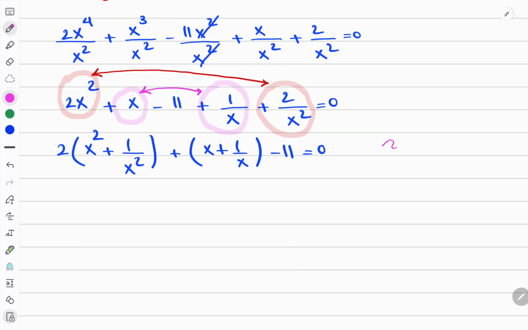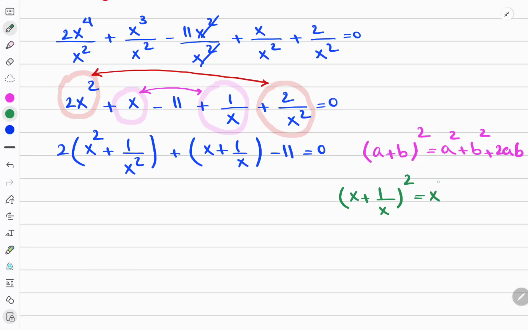You know that we have perfect square expansion, which is like this: a squared plus b squared plus 2ab. So we have x squared plus 1 over x squared. So if we have x plus 1 over x squared, the answer is x squared plus 1 over x squared plus 2 times x times 1 over x, and these two simplified, so the answer is just 2.